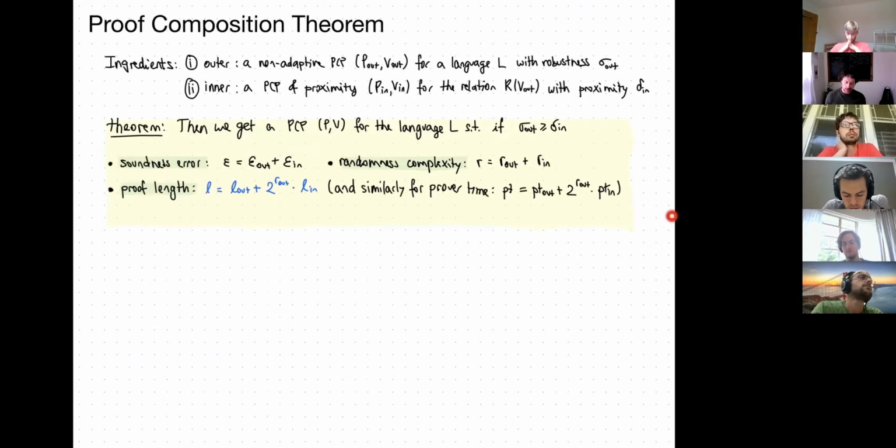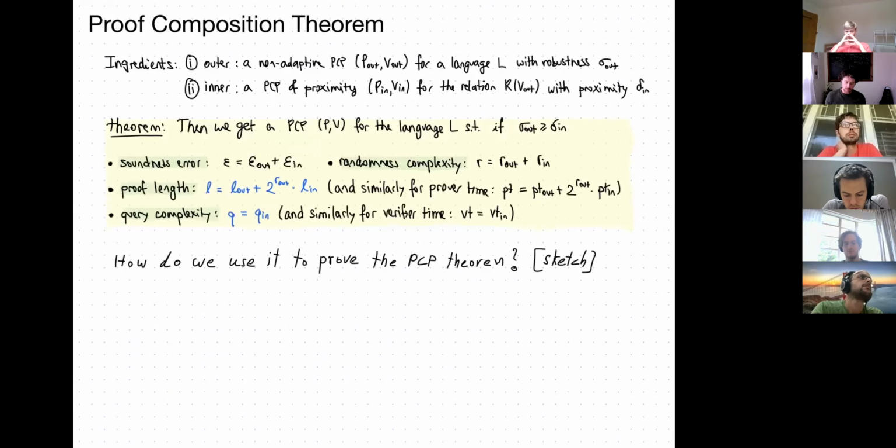So now what I want to do is sketch how we actually prove the PCP theorem. I'm going to lie a little bit, or at least skim over some details, because there are a lot of small technical ideas, but I want to give you at least a sketch of what's happening.